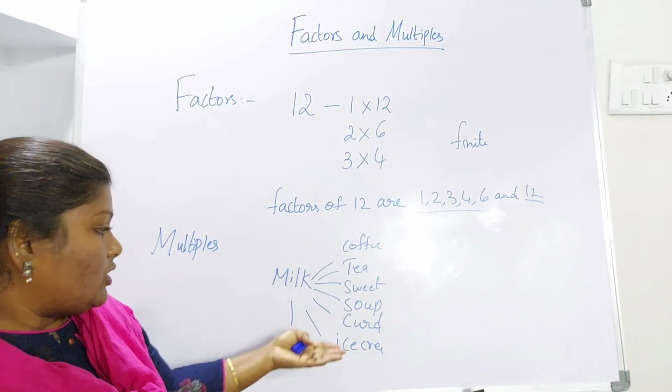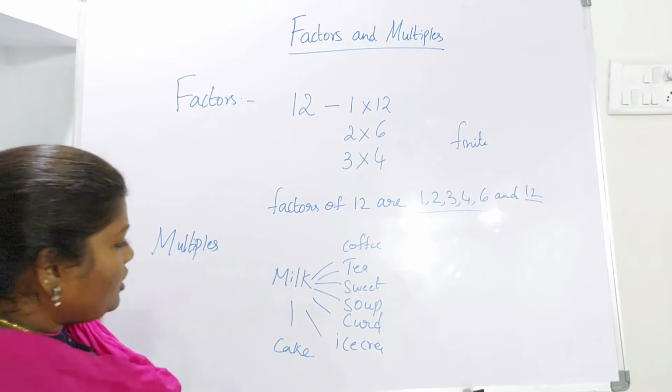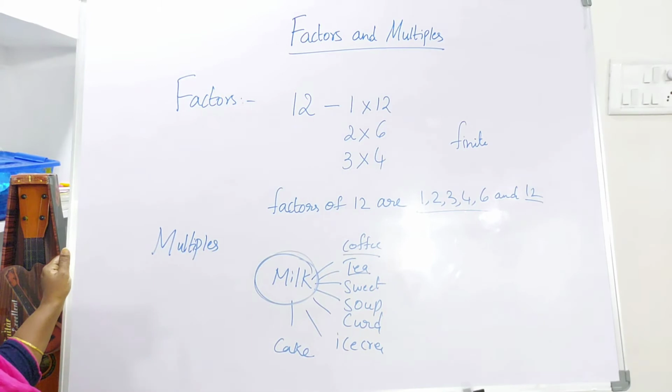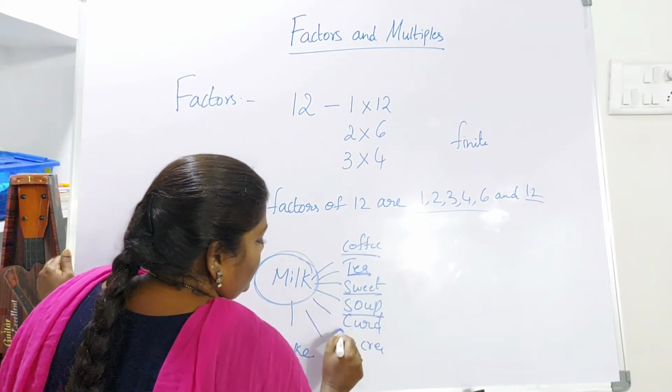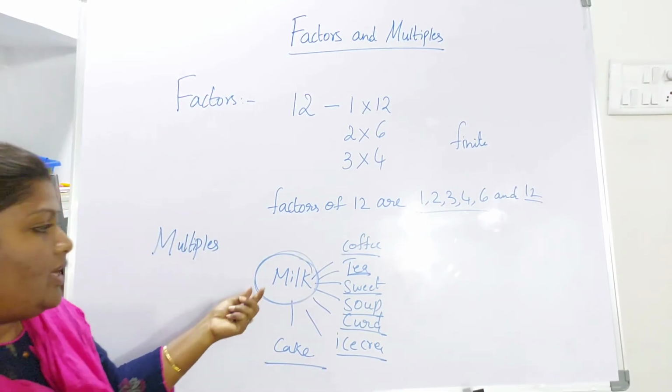I have jotted down only a few, but you have many. By using this simple milk, I can make so many products. There is no limit to how many items you can prepare with milk.